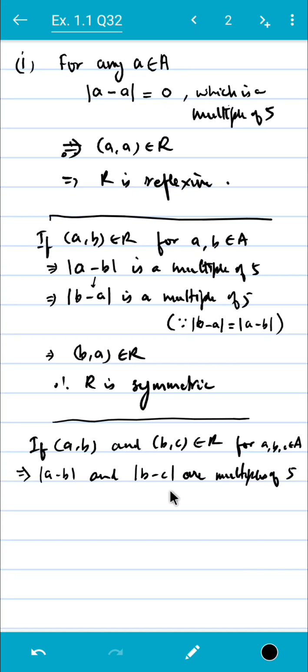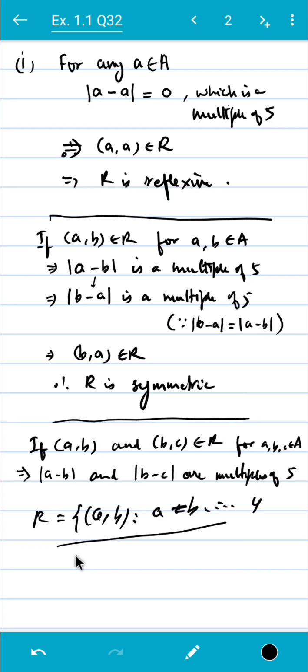If you remember, there was one question above this where the relation R had elements (a, b) if a minus b is a multiple of 4. In that case, for transitivity, we had (a, b) and (b, c), with a minus b a multiple of 4 and b minus c a multiple of 4.